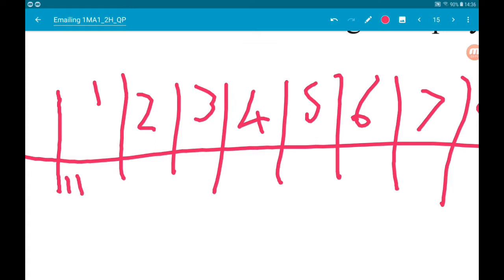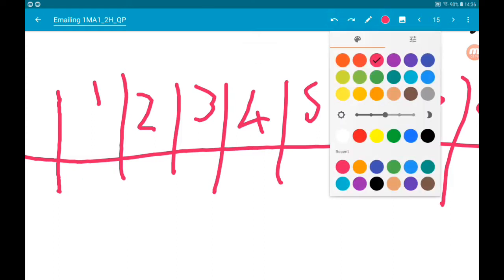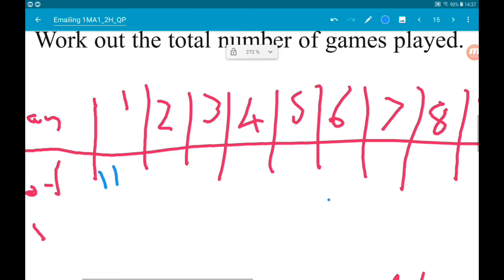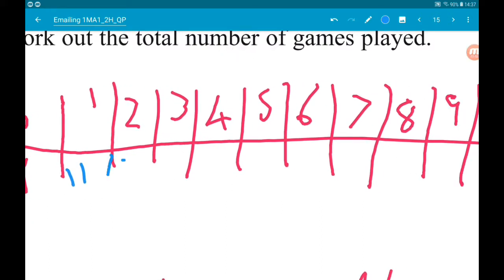Now, team 2 has already played team 1, so they just need to play the teams to the right of them, so they have 10 to the right. Team 3 has played 1 and 2, so they now have 9 to play.